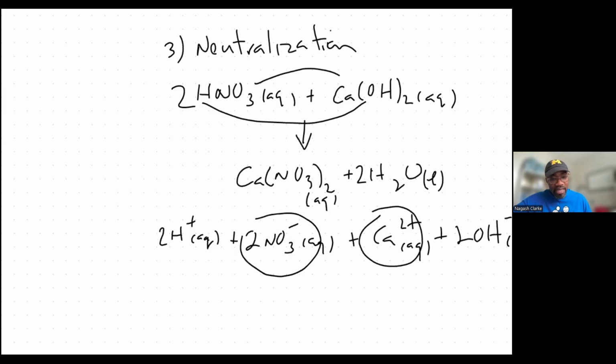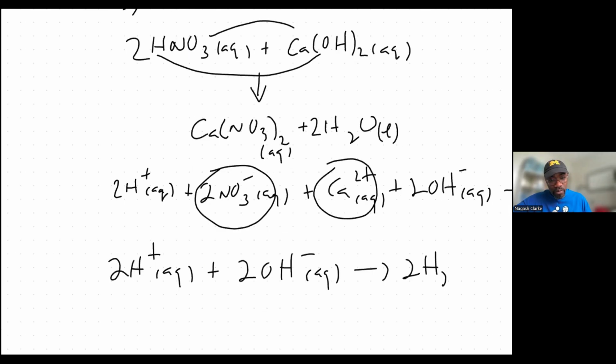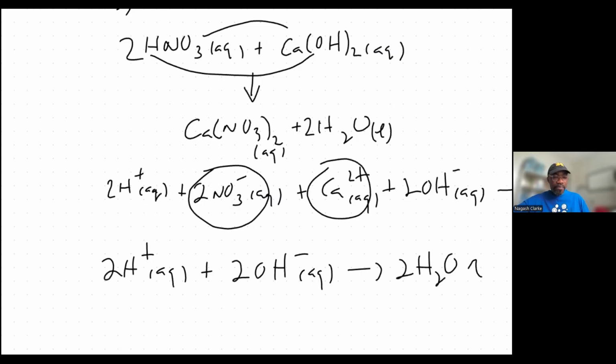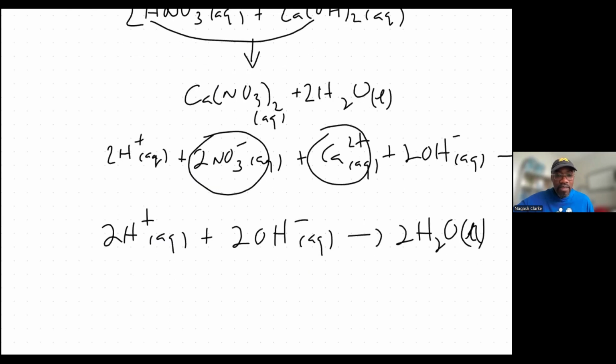Now my net ionic equation is 2H+ (aq) plus 2OH- (aq) to yield 2H2O. That's why we call it water forming. That's the big deal. And this is our metathesis or double replacement reaction.